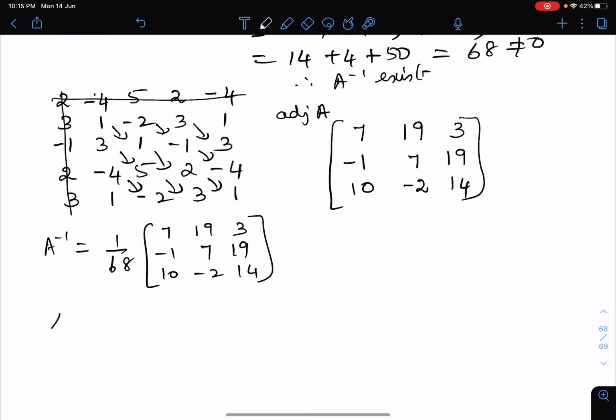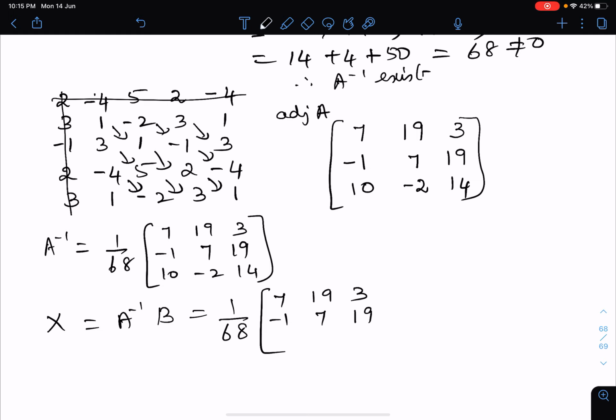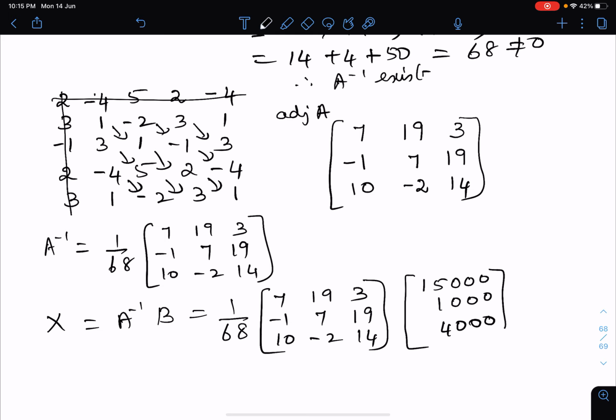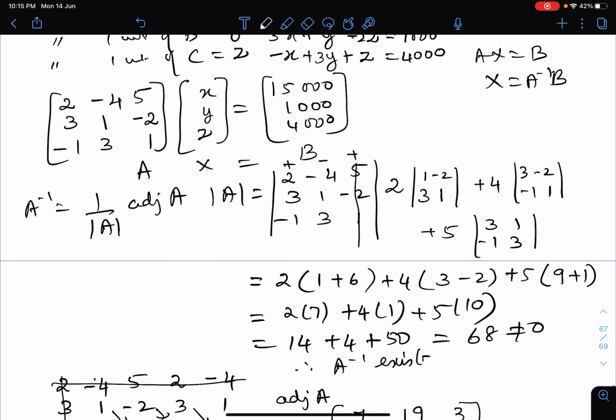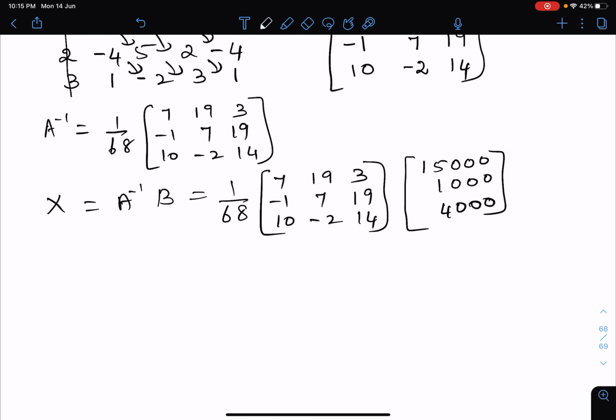Now solution, X is equal to A inverse into B, that is equal to 1 by 68 into our adjoint 7, 19, 3, minus 1, 7, 19, 10, minus 2, 14, and our B is going to be 15,000, 1,000 and 4,000. This is our B, isn't it? Yes, 15,000, 1,000 and 4,000.